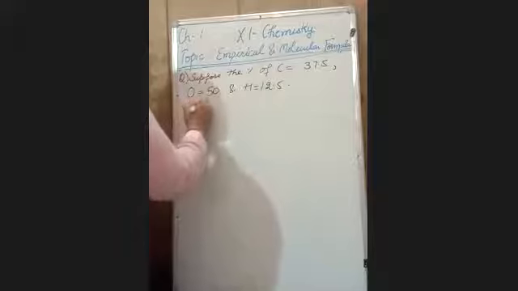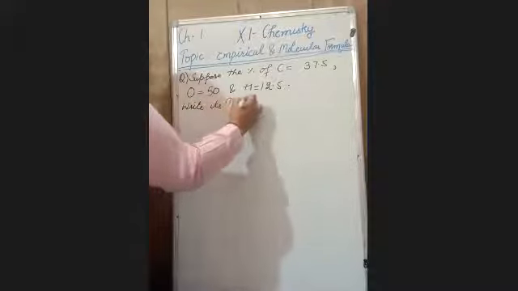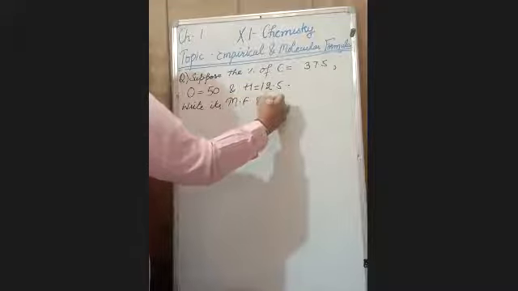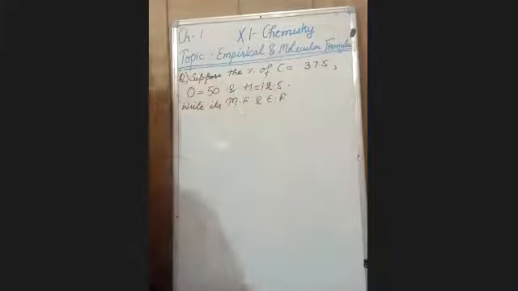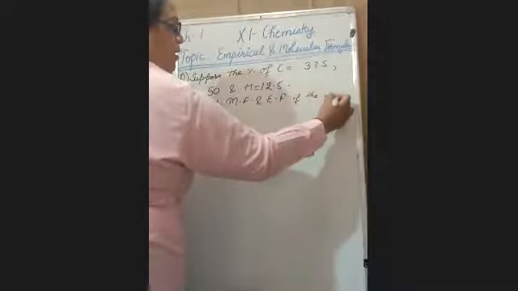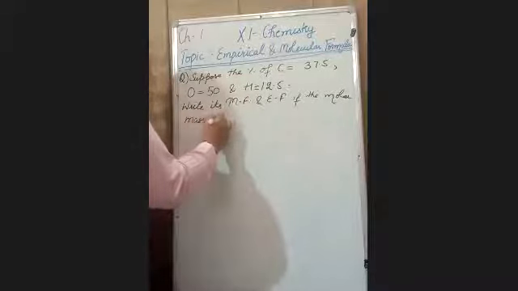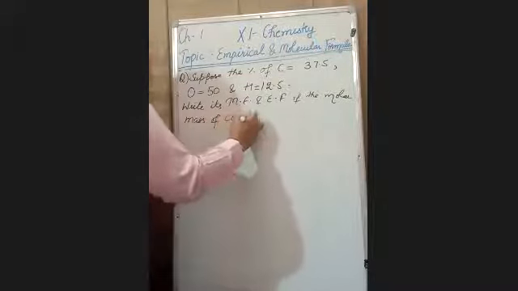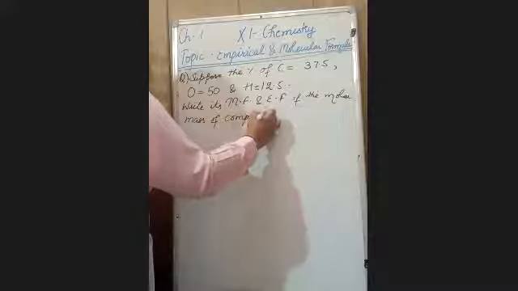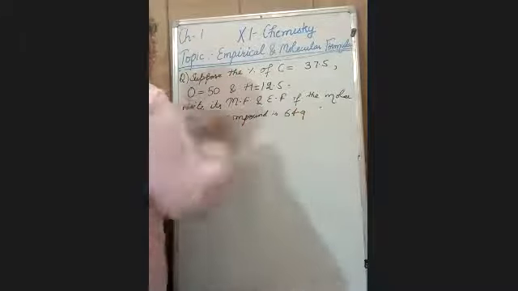Write its molecular formula and empirical formula if the molar mass of the compound is 64 gram per mole.